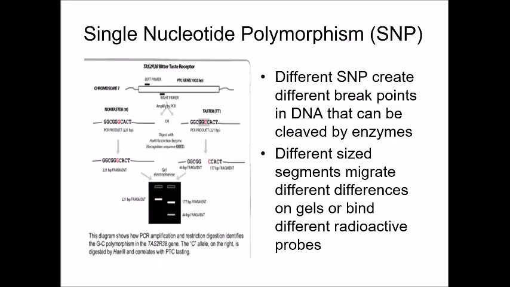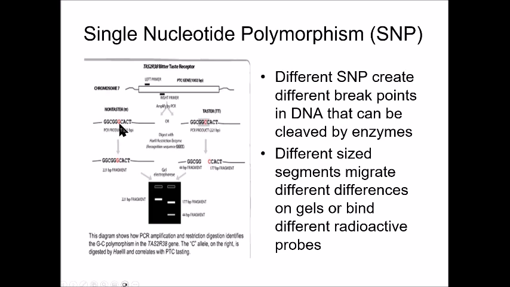Now, the first type of variant we're going to look at is the single nucleotide polymorphism, commonly referred to as a SNP. So enzymes will chop the DNA into different pieces depending on where the SNP is.